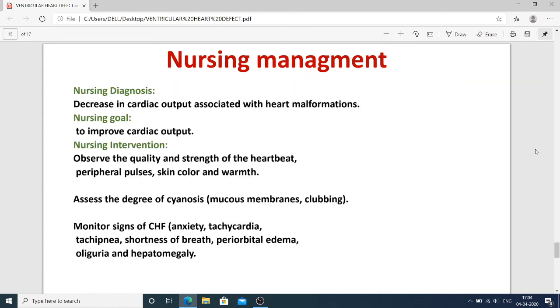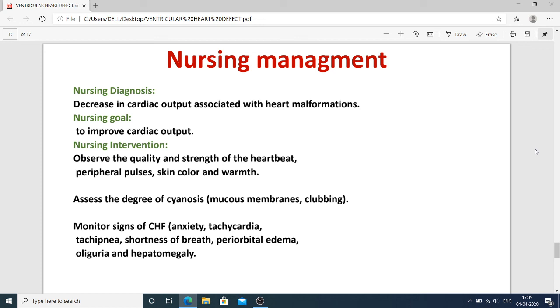The next is nursing management. First is nursing diagnosis, decrease in cardiac output associated with heart malformations. Our goal is to improve cardiac output, and interventions provided to the patient are: observe the quality and strength of the heartbeat, peripheral pulses, color and warmth, assess the degree of cyanosis, monitor signs of congestive heart failure.